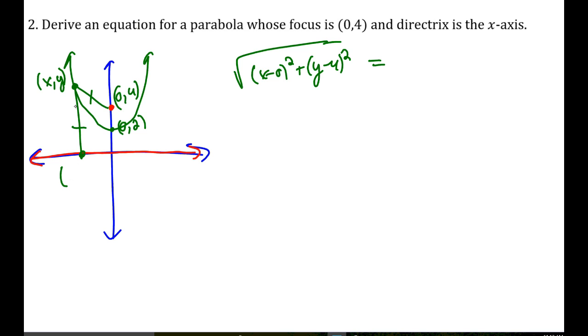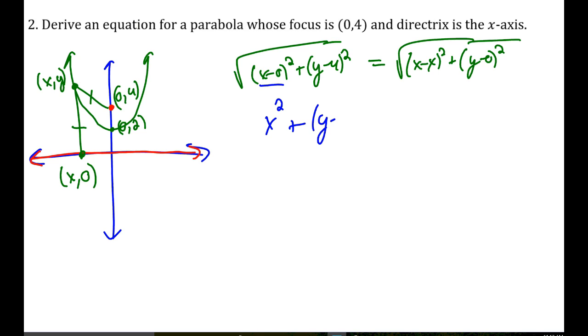Well, that's the point, same x value, y is 0. So the square root of (x minus x) squared plus (y minus 0) squared. We square both sides to get rid of the square roots, so we're left with x squared plus (y minus 4) squared equals 0 plus y squared.